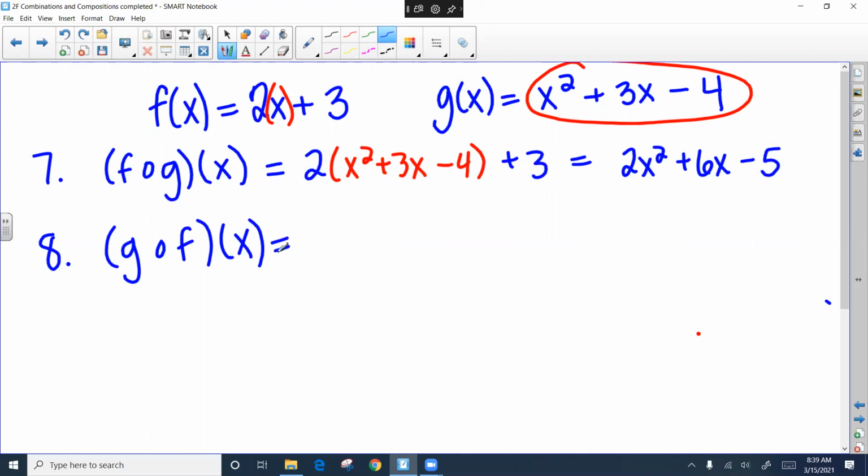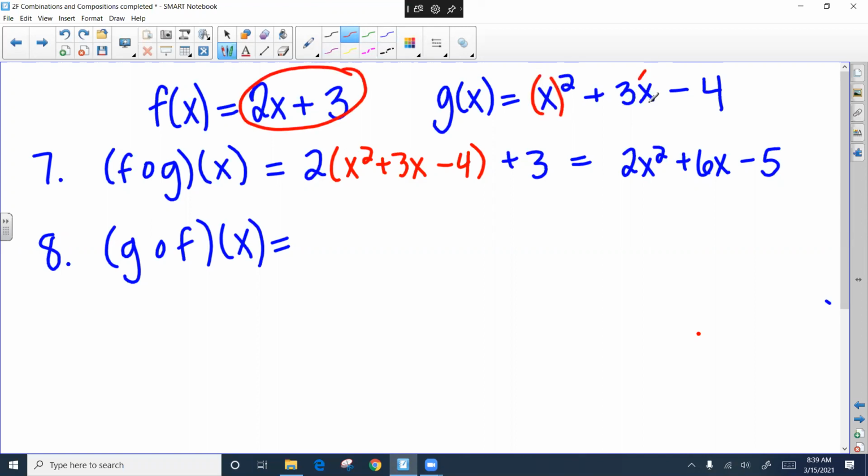And then on the other one, number 8, g of f of x. I know I helped some of you set it up. But if I didn't check your final answer, the difference on this one is we're plugging f of x into function g, but this one there's 2 places to plug in the x.